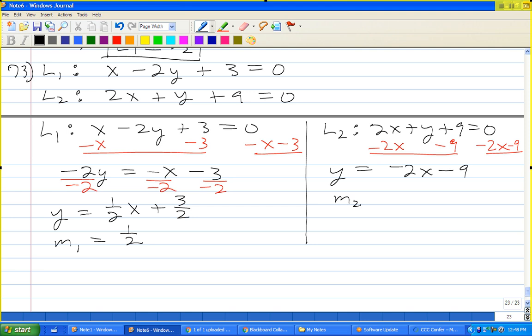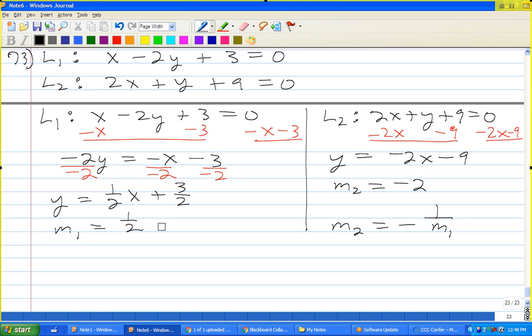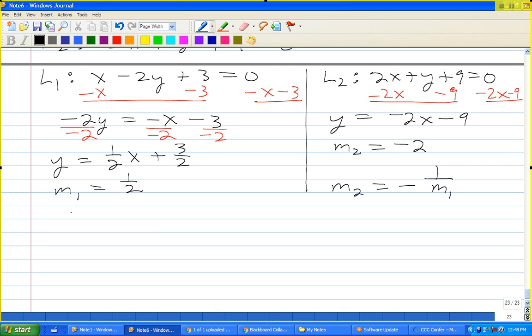So the slope of the second line is negative 2. The slope of the first line is the negative reciprocal of the slope of the second line. Notice that if you multiply these together, you get a negative 1. Therefore, these two lines are perpendicular.